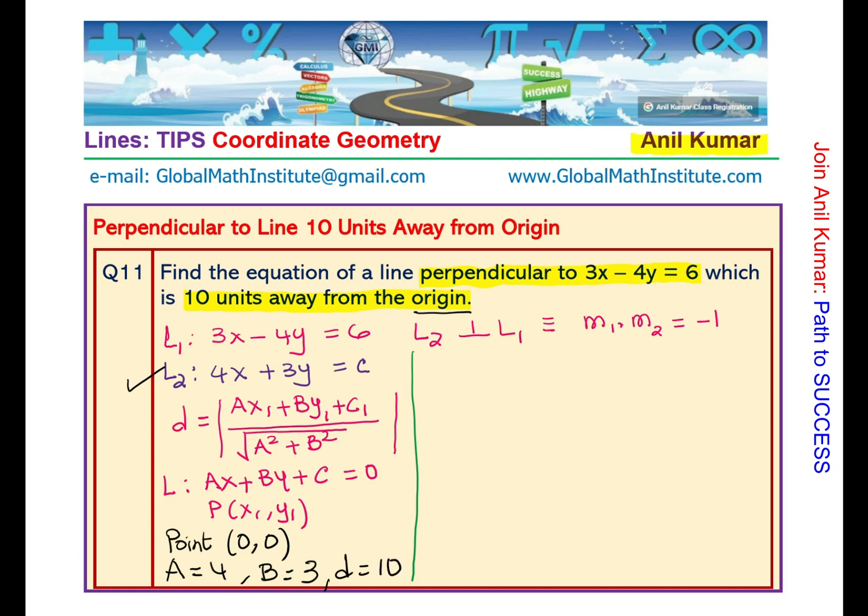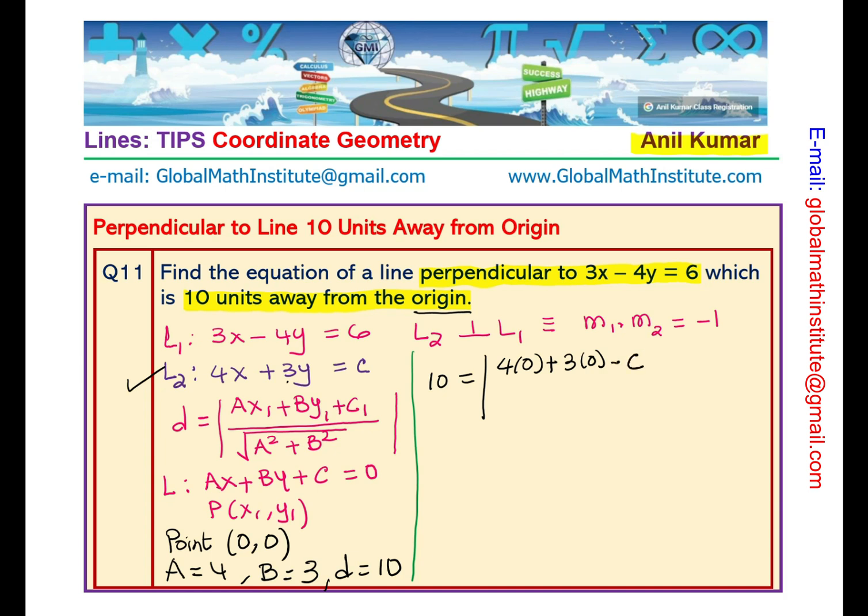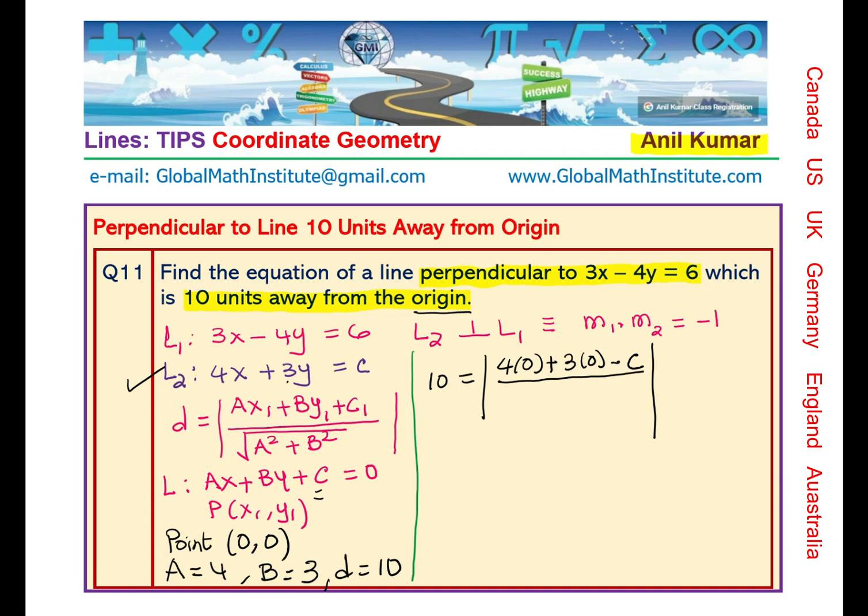So we get 10 equals the absolute value of a, which is 4 for us. So the same equation, right? It is 4 times 0 plus 3 times 0, and bringing c to the left really becomes minus c for us, divided by the square root of a square plus b square, which is 4 square plus 3 square.